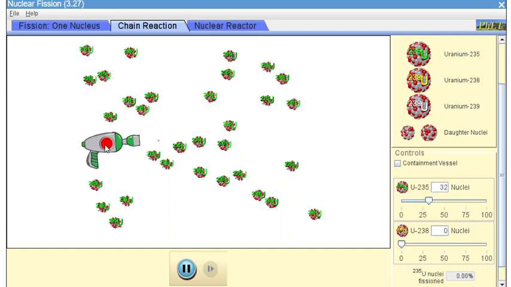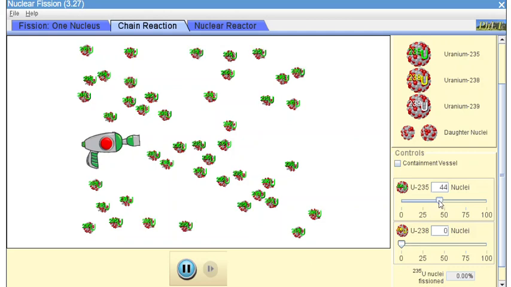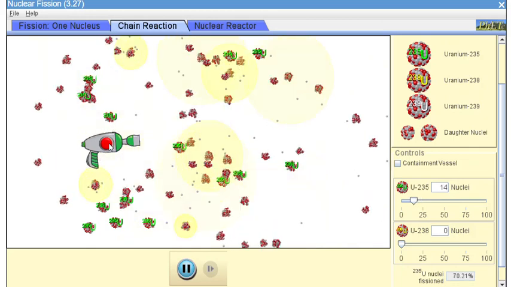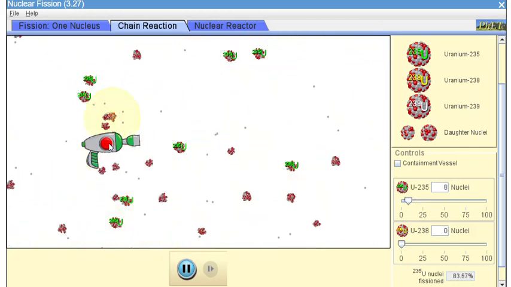Okay, so I fire here, and you see how, when the fission occurs, some neutrons that are released collide with other nuclei of uranium-235. So this is what we call the chain reaction. If I increase the number of nuclei of uranium and I fire one neutron here, then we're going to see the nuclear fission of more nuclei, right?